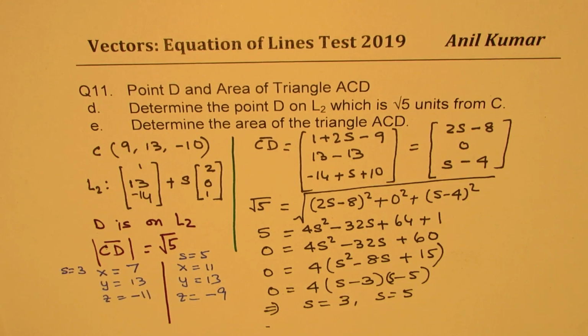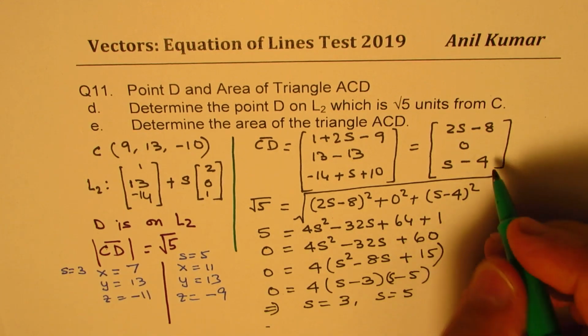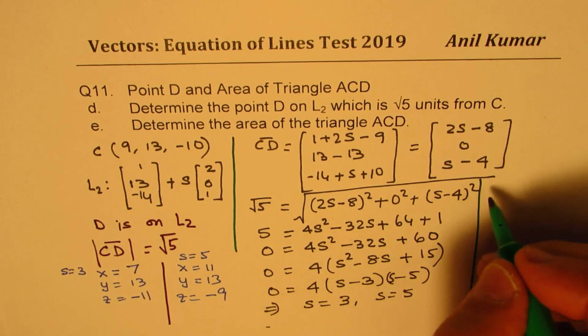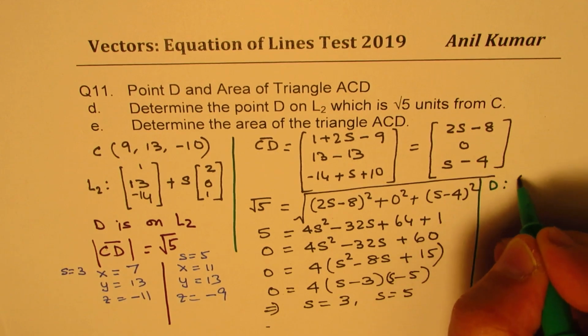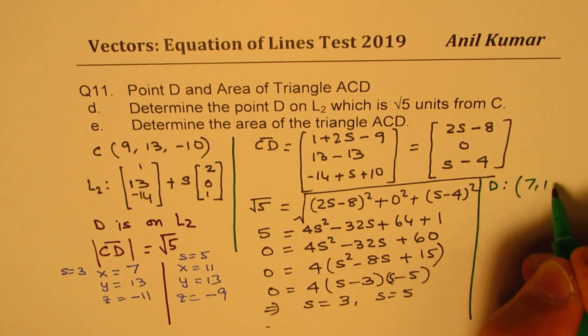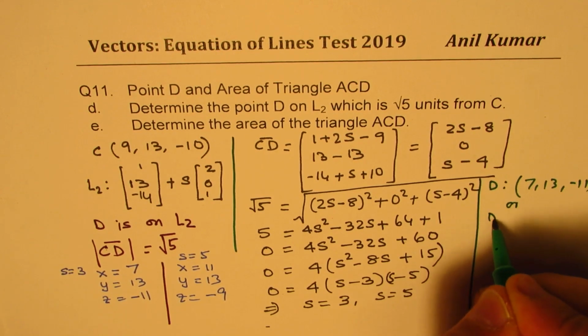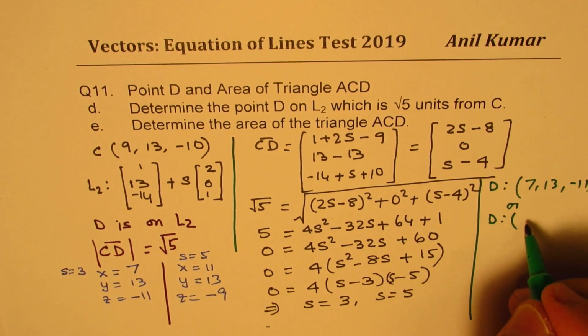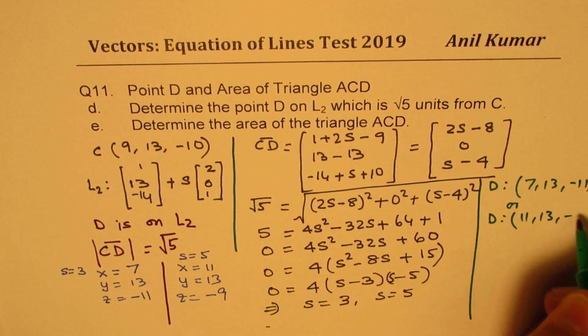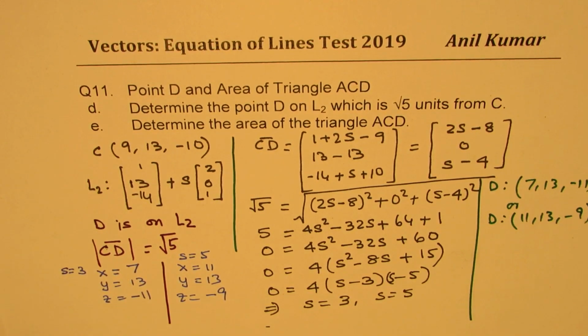So we know the point D could be 7, 13 and minus 11, or D could be 11, 13, minus 9. Is that clear? So that is how you can get the value of D.